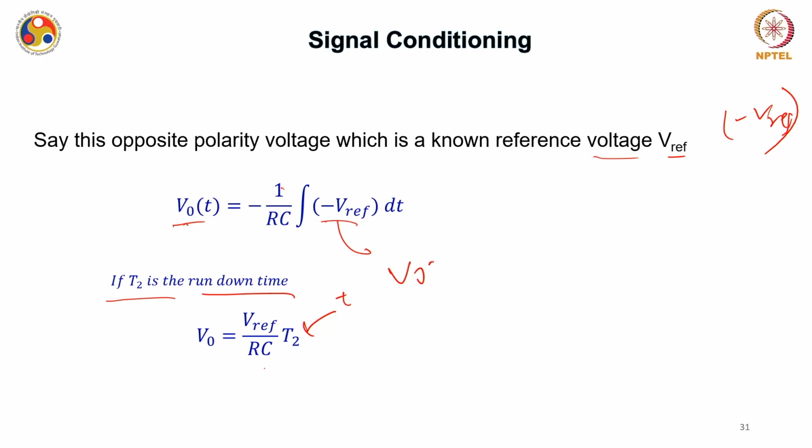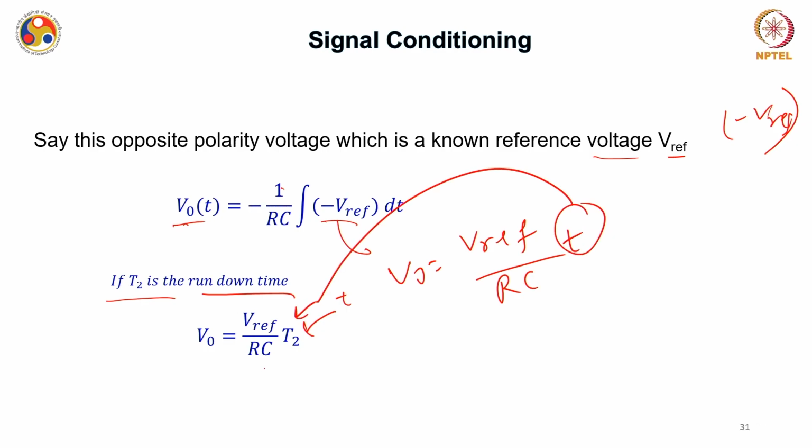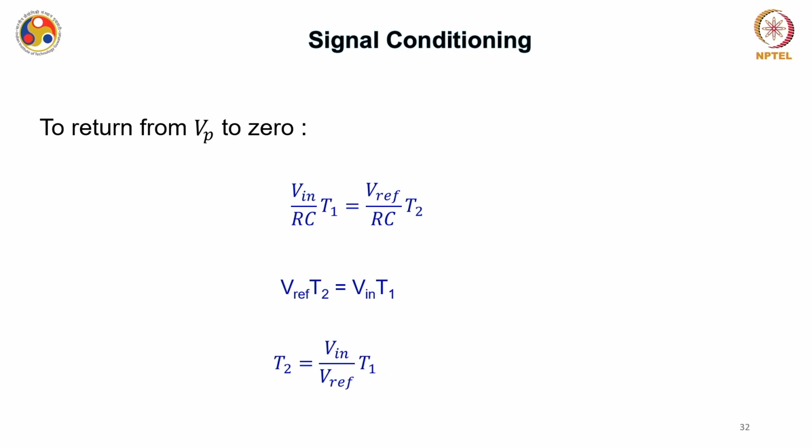So V naught is equal to V reference by RC into T2, which is the rundown time. Now, to return from the Vp value to 0, we have to equate V in by RC into T1 with V reference by RC into T2.